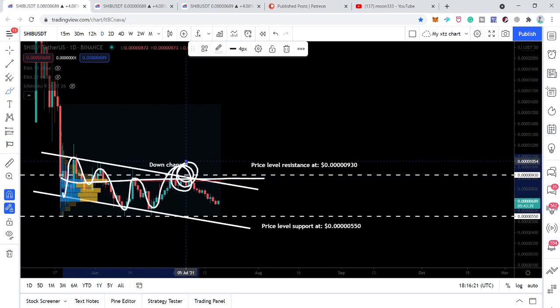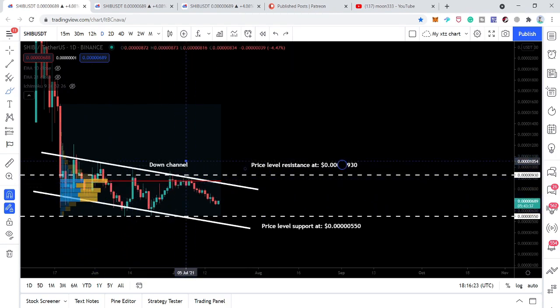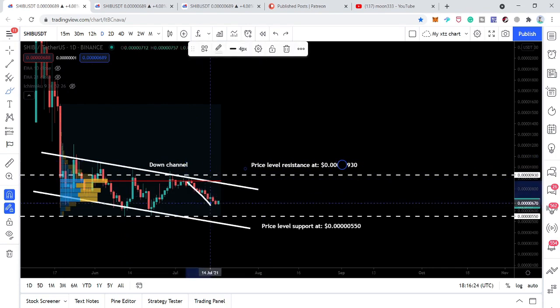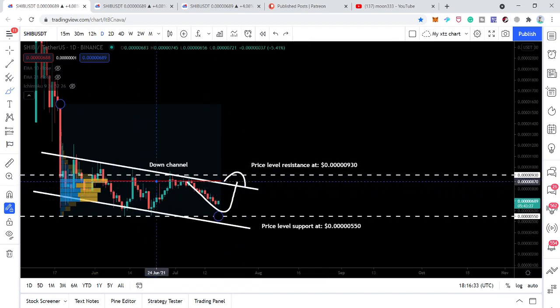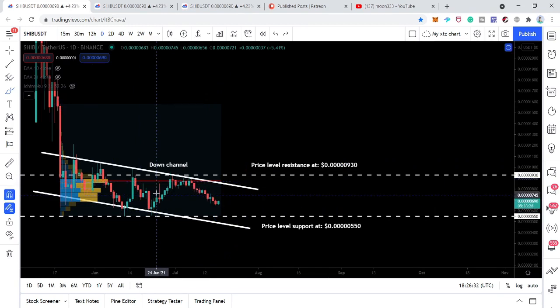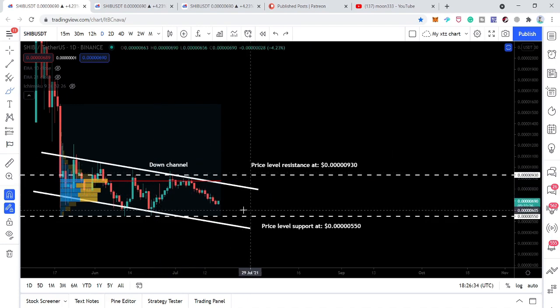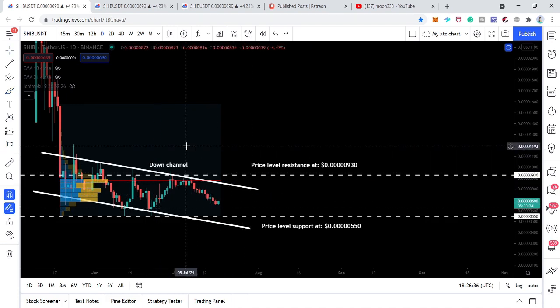Once the price action turns towards the upside again, like it has been doing previously, to reach this point of control, then it can come out from this resistance of the down channel and break it out. And if the price line breaks out this resistance, then it can start a very big move.